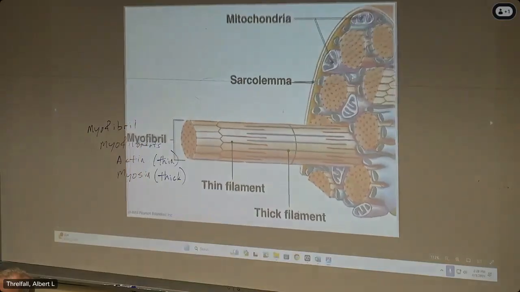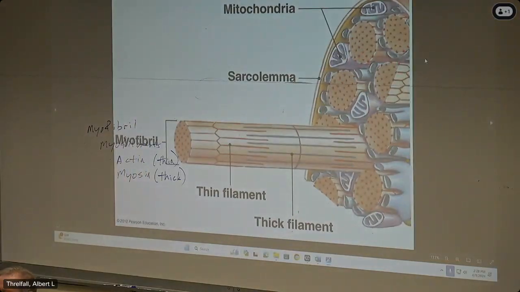Now, first of all, I want you to tell me, are we looking at a muscle, or are we looking at a fascicle, or are we looking at a cell? And how do you know it's a cell? Because the sarcolemma is labeled. And we know the sarcolemma is not the outermost boundary, but one of the outer boundaries of a cell.